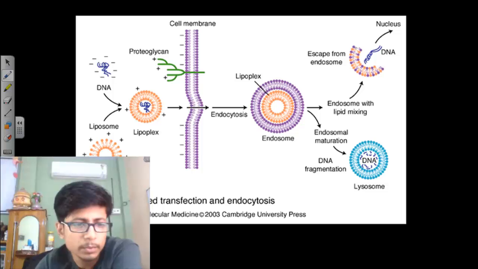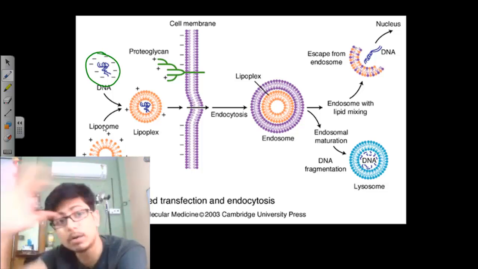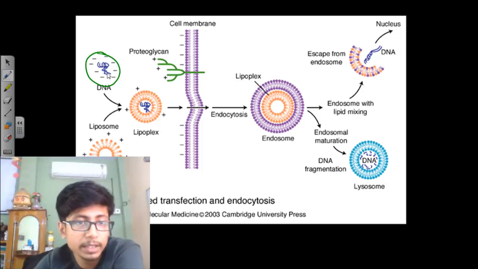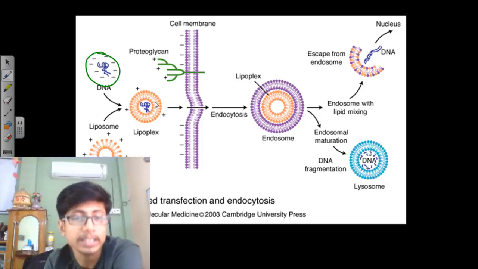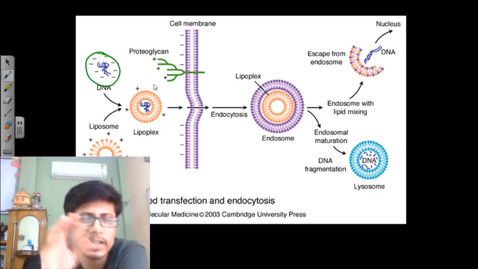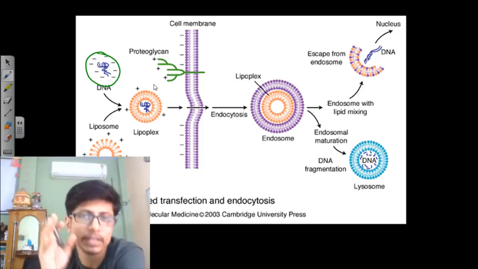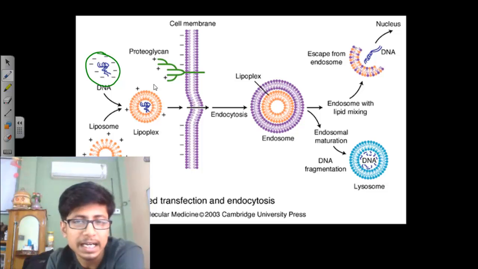So you can see here we have the negatively charged DNA, and we have a positively charged liposome, which has the positive charge outside, and you can place this DNA inside this liposome. Once the DNA is inside the liposome, we call it a lipoplex. So it's a vesicle-like structure, a delivery vesicle that we can form outside the cell.